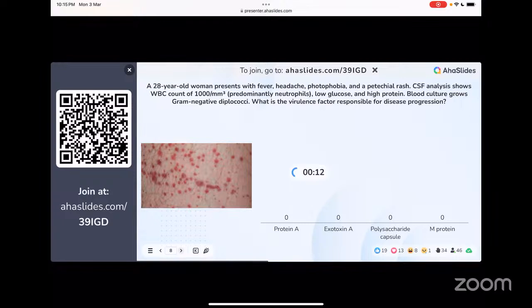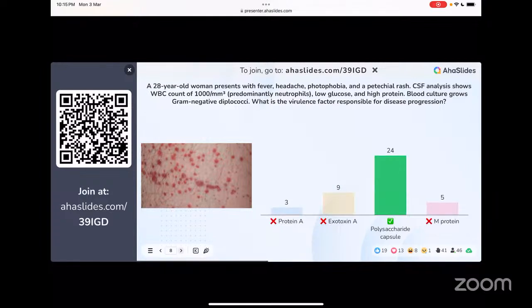What is the virulence factor responsible for disease progression? The bacterium has a polysaccharide capsule that determines its serogroups. Which is it? Right, so polysaccharide capsule is the right answer. Okay, good.